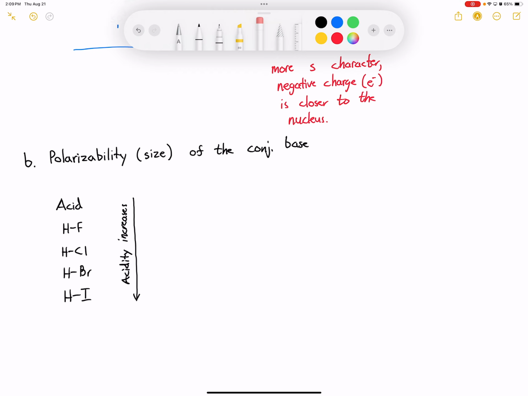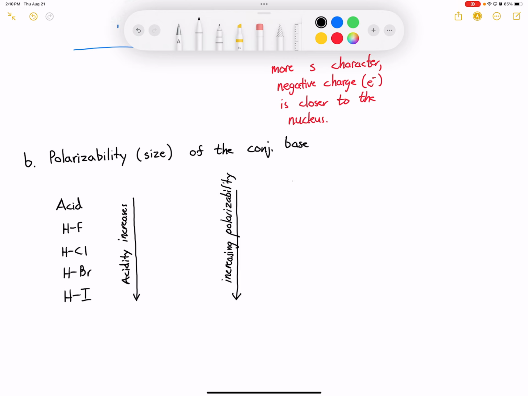So in this case, we also have increasing polarizability. That's just another name for the general size of the anion increasing.